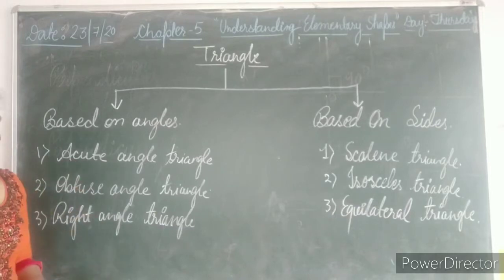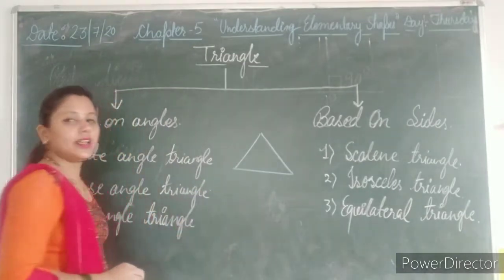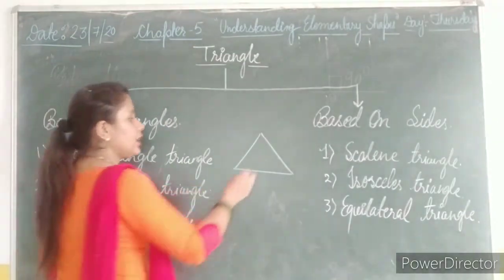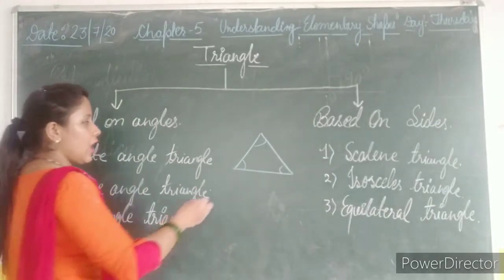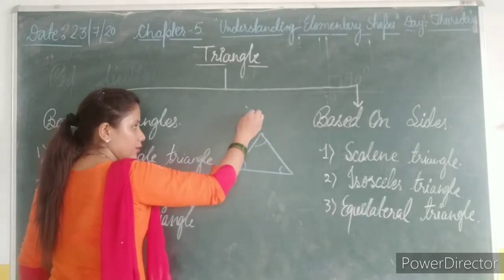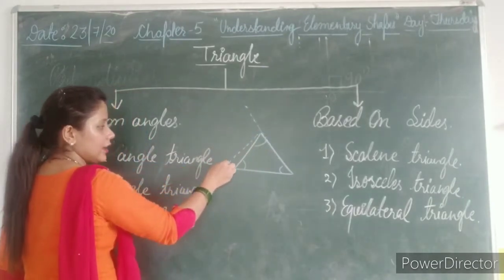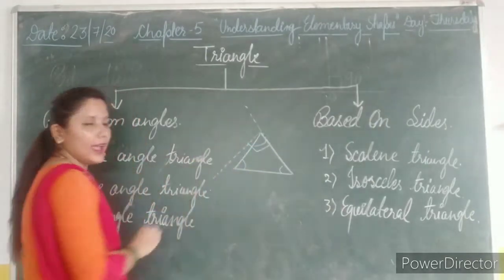So what is acute angle triangle? So look at here. Here you can see that all angles are less than 90 degree. How? Let's check. If I draw a straight line, this one is a 90 degree angle.